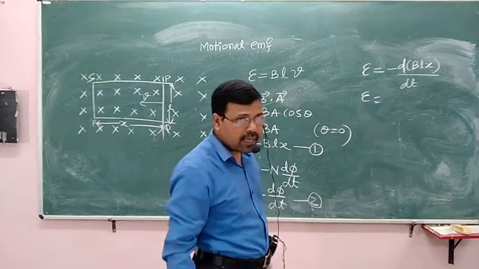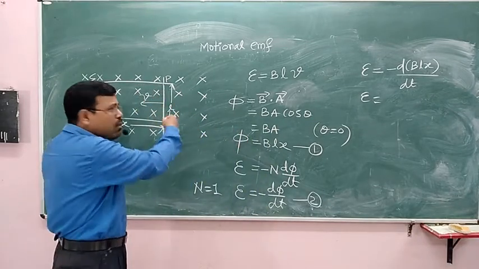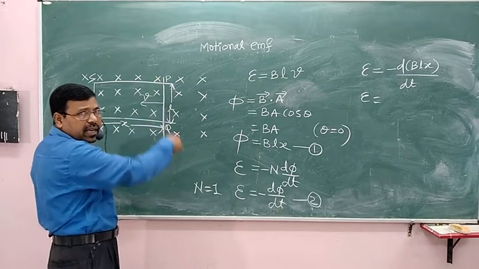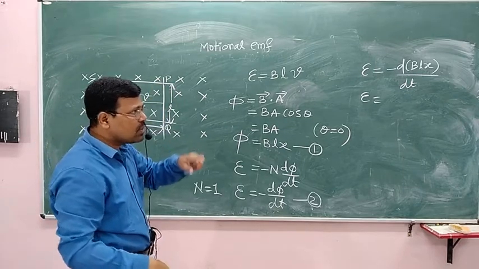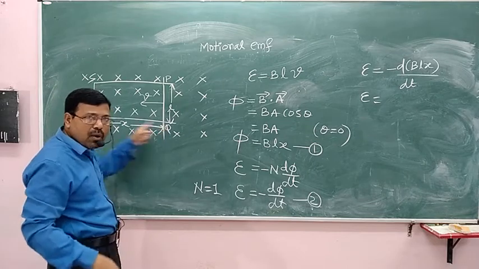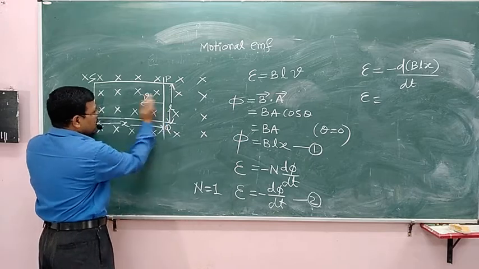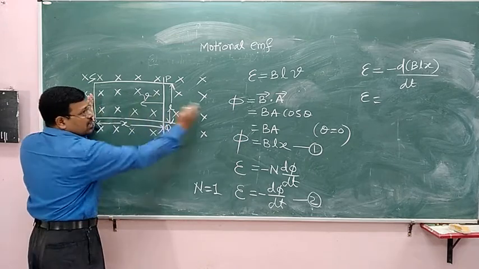As we know, a constant uniform magnetic field is set up in this area. The magnetic field is constant, and L is also constant. But x keeps changing. As the conductor moves, x increases.